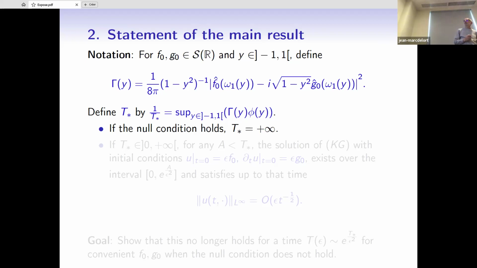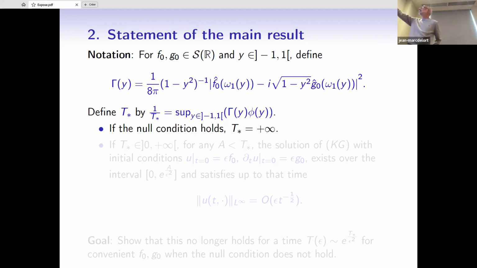So gamma of y is positive, but then of course you have to choose your f0 and g0 such that the supremum is strictly positive, if you want t star to be smaller than infinity, and so that it satisfies some assumptions that we mention later on. If phi is less or equal than 0, then your t star is infinity.